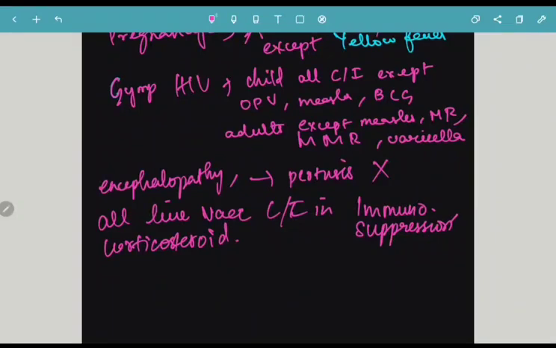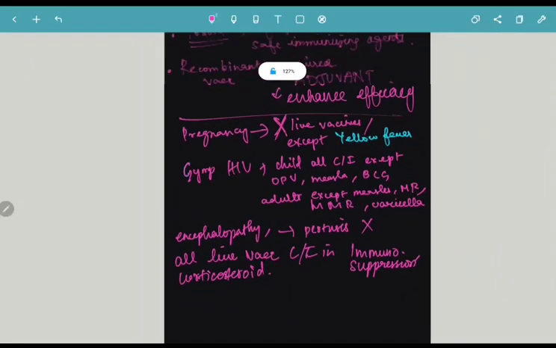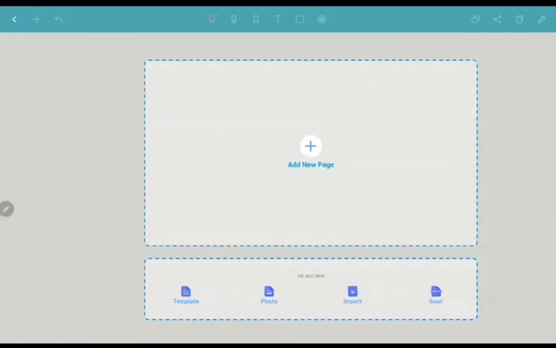Now let's look at AEFI, which is adverse event following immunization. So let's move on to the next important topic.